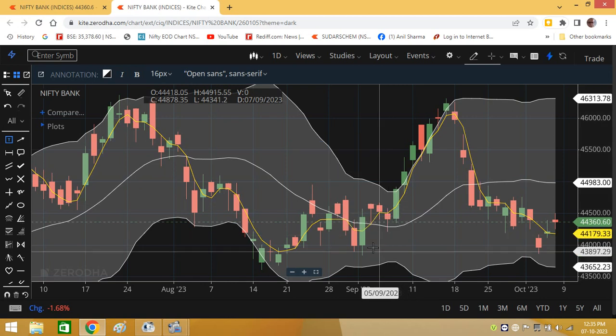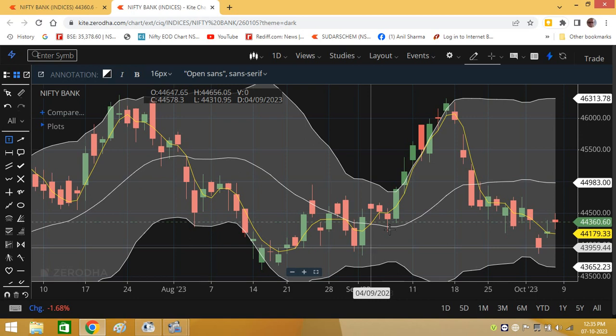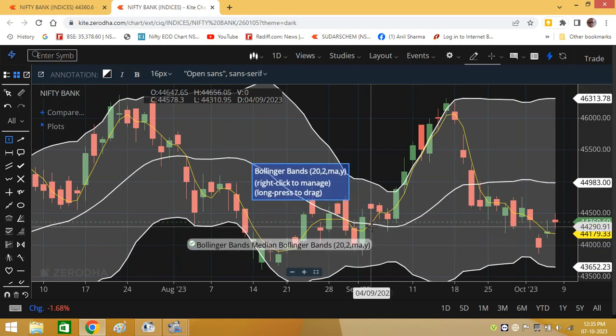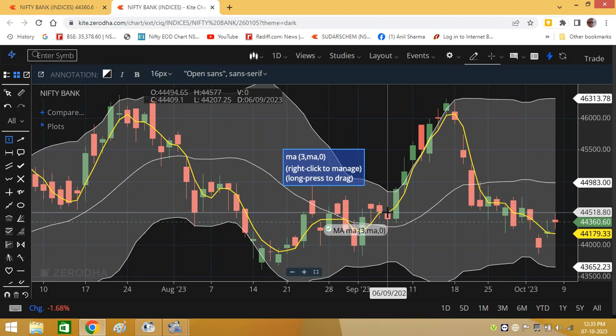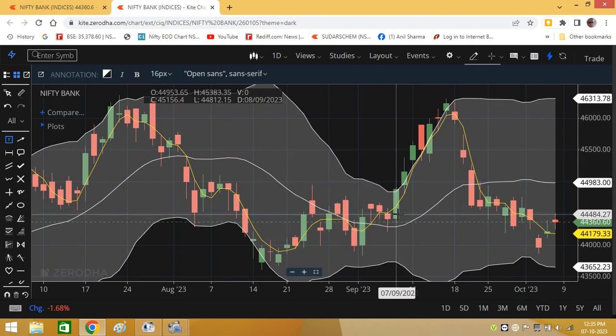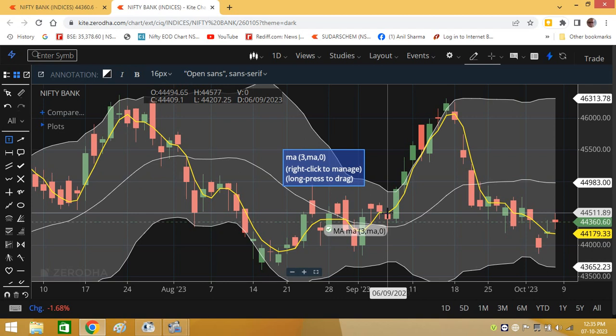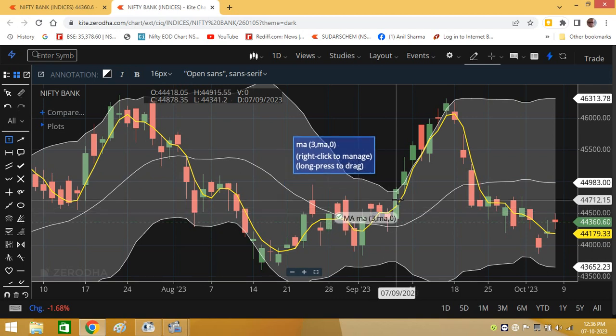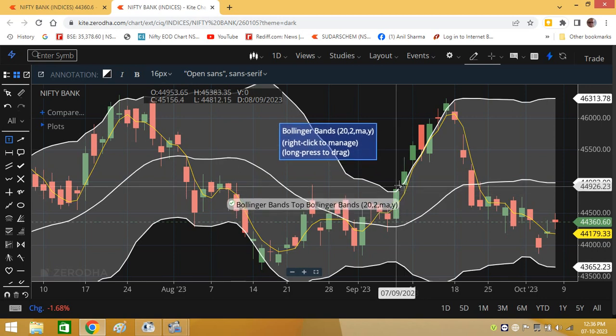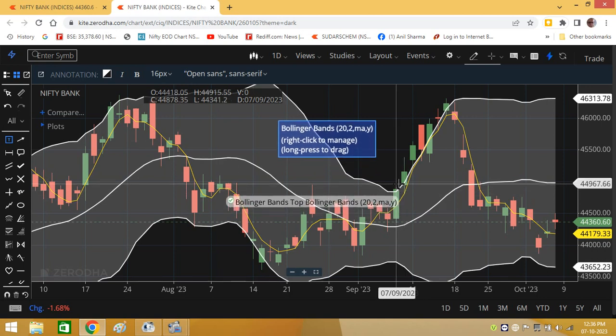Now friends, I have told you that moving average of 3 in daily charts works very well. We are using basically the Bollinger Band. So the moving average here at this point had given a signal. The moving average of 3 had given a signal at 45,504 that the price is going up, whereas the Bollinger Band signal has come here when the price has moved out of the band.